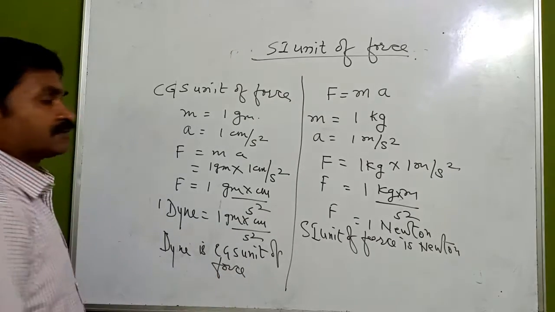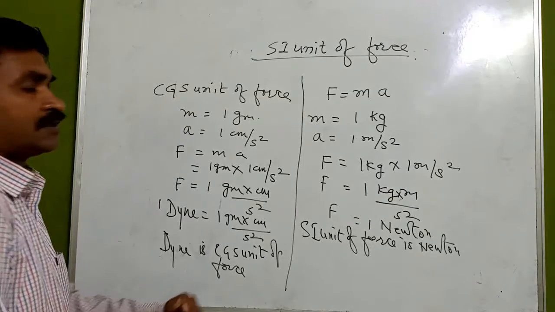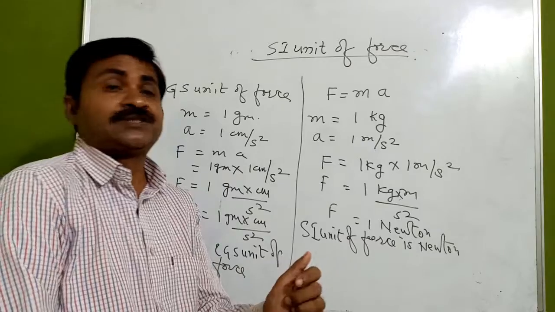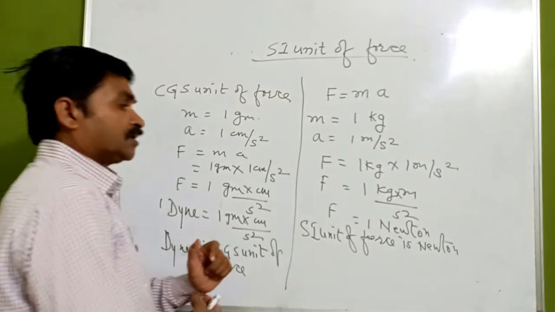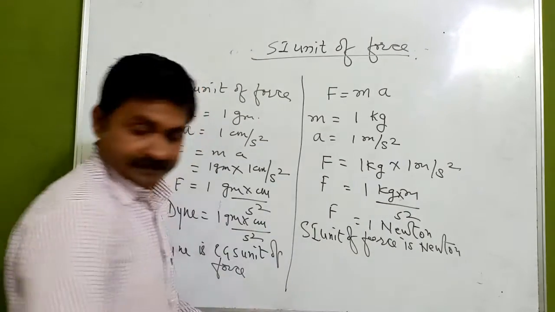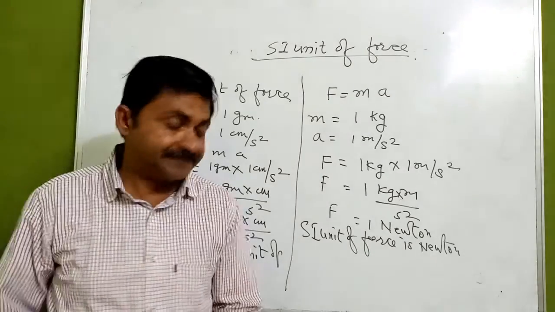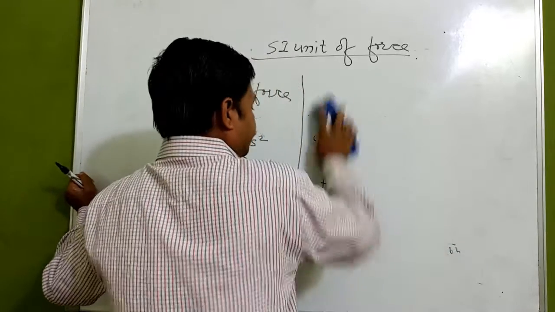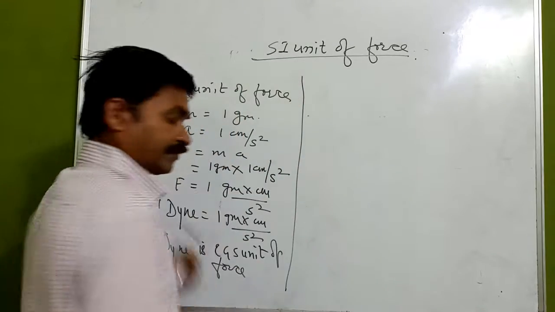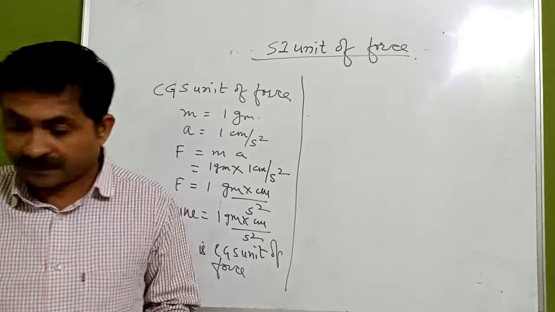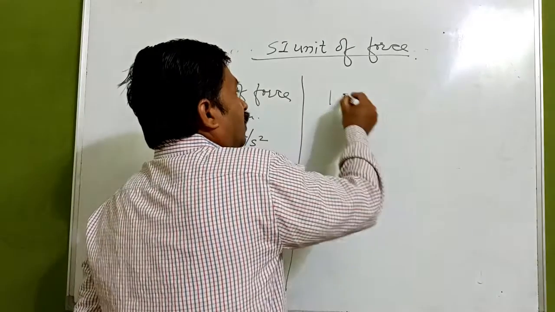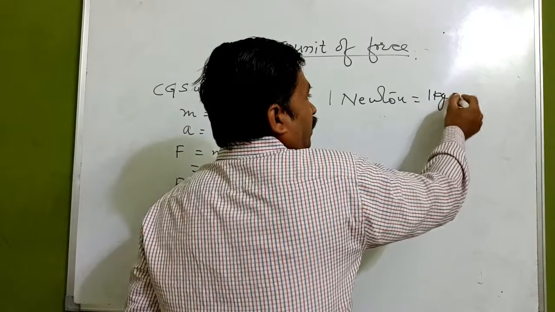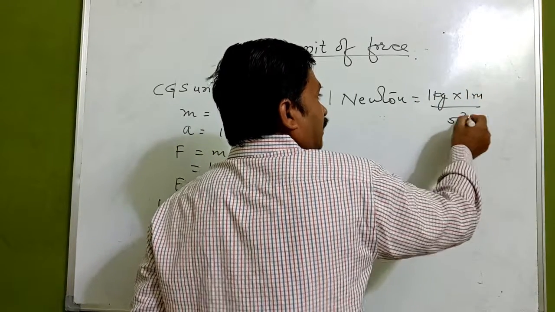And most of the time these two units are used and we need to convert them. How do we have to convert these units? So we will go for that. Now here what we have got, 1 Newton. So I am taking it here, 1 Newton, which is equal to 1 kilogram into 1 meter per second square.